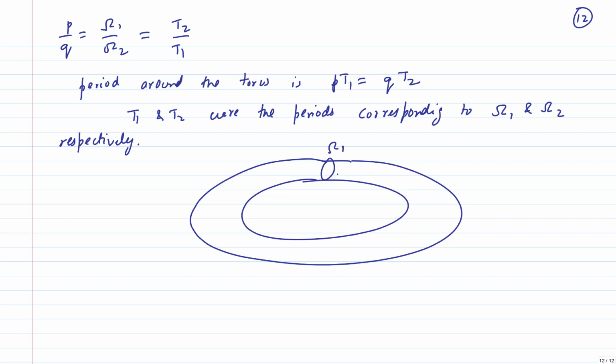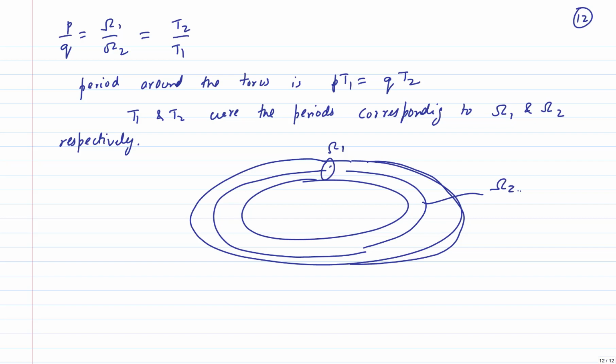This was, let's say, omega 1 and motion across, this was omega 2.